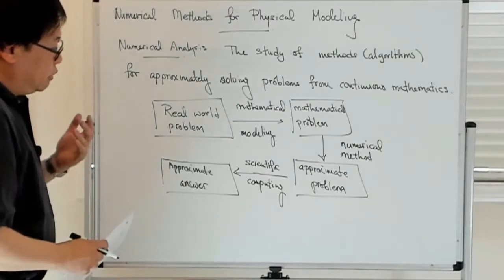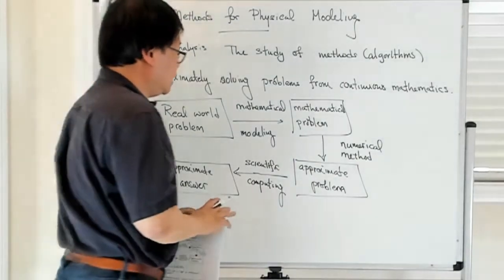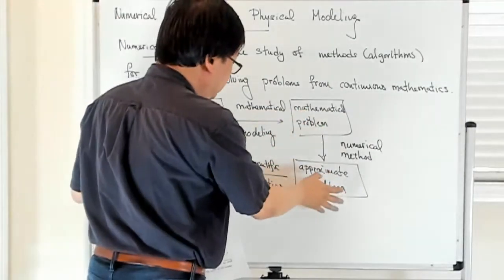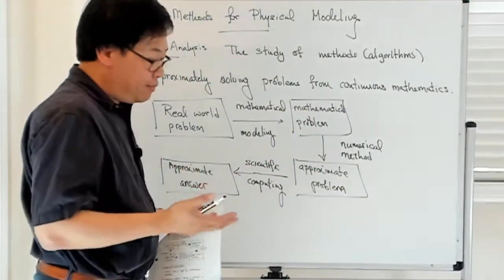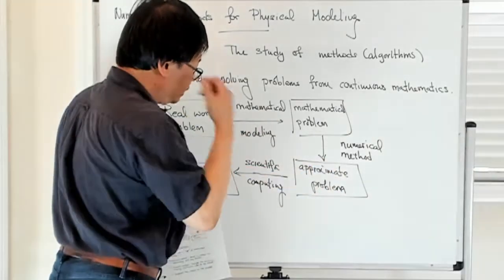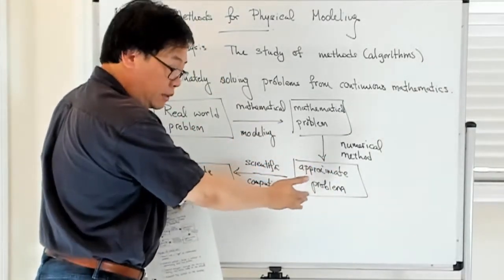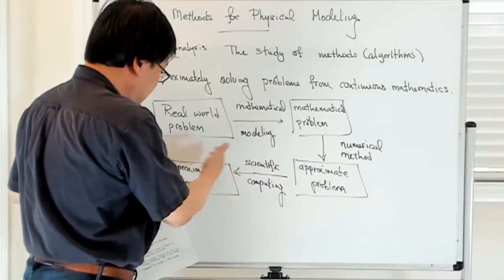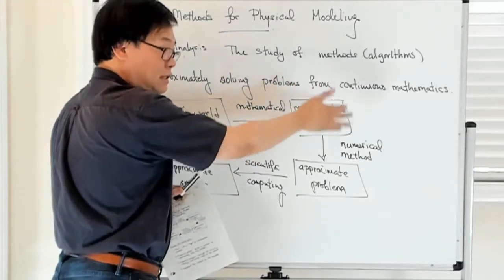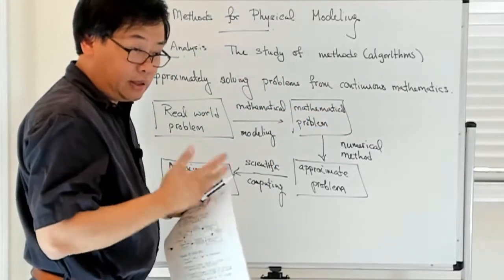But it is fruitful in many cases to take a precise mathematical problem and approximate it. And then oftentimes the solution of the approximate problem is a good approximation of the exact answer of this mathematical idealization.